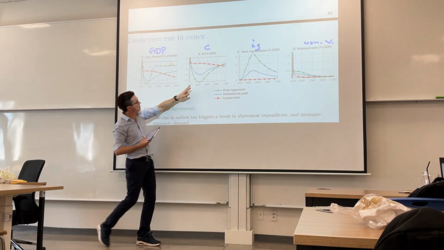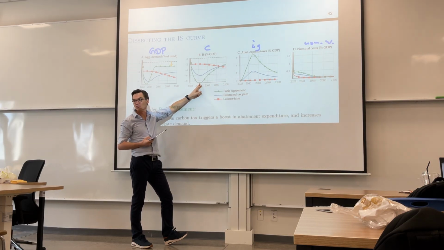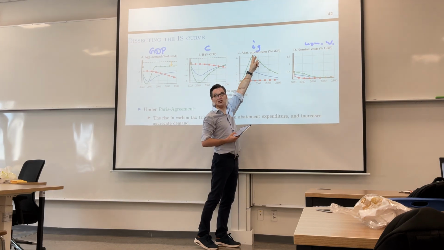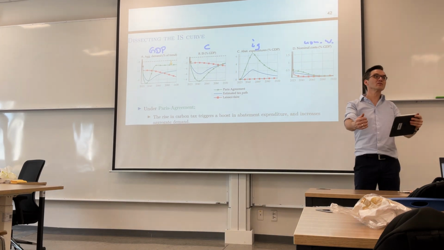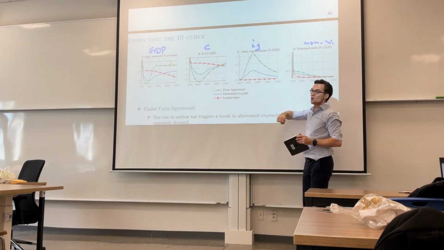And what you basically see is that this minus 5% decline of GDP in the short run is driven for the most part by this minus 9% decline in consumption. So consumption really drops like a rock in this economy in the short run, while abatement expenditures actually surge. That's the idea: private consumption goes down a lot, and abatement expenditures go up a lot.